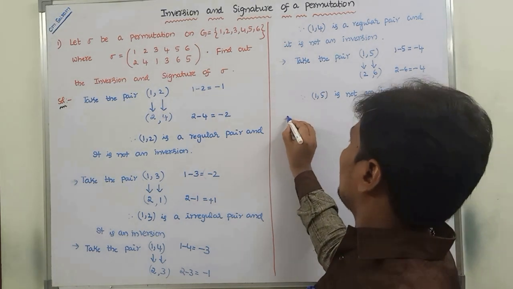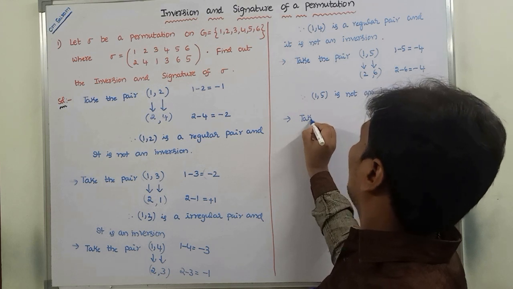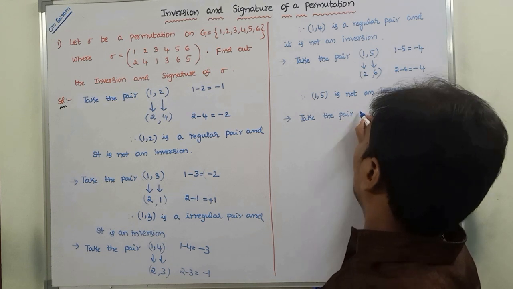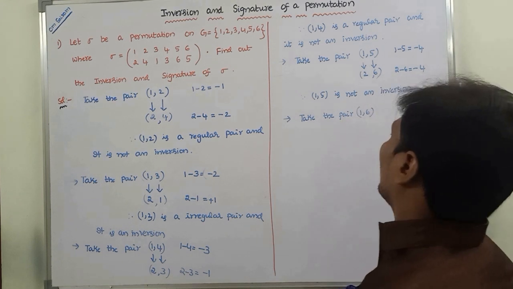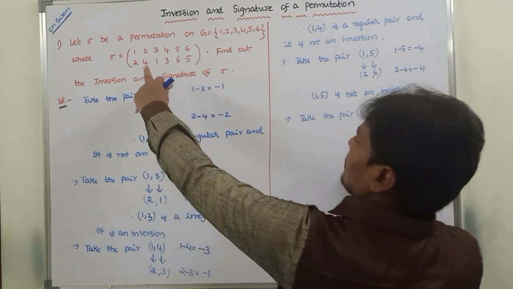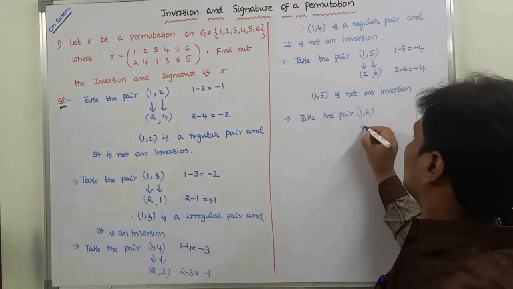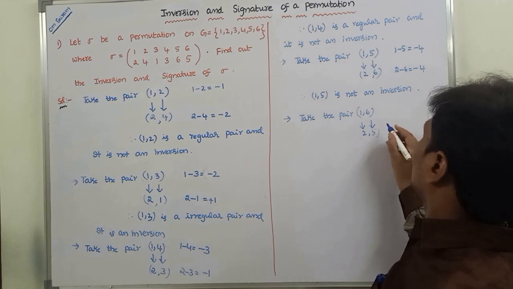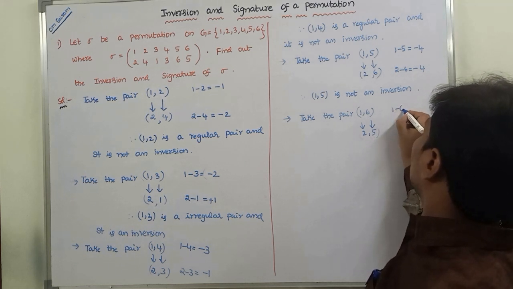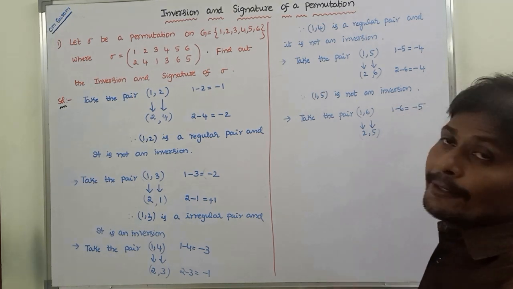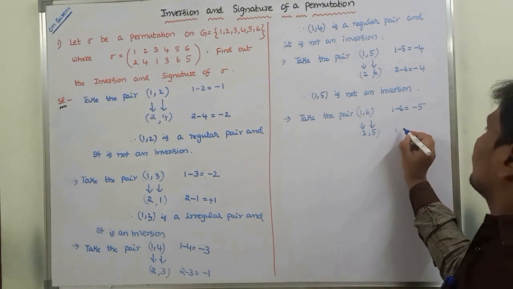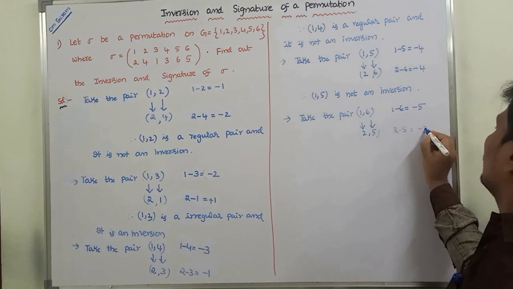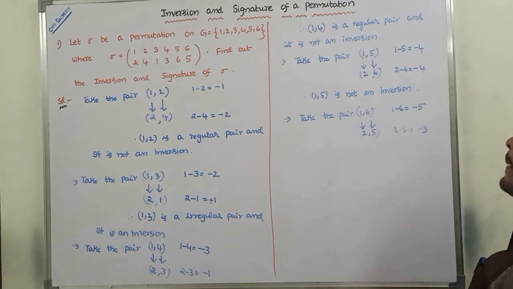Next, I take the pair 1,6. So 1's image is 2, 6's image is 5. Here the difference 1 minus 6 is equal to minus 5, and 2 minus 5 is equal to minus 3.